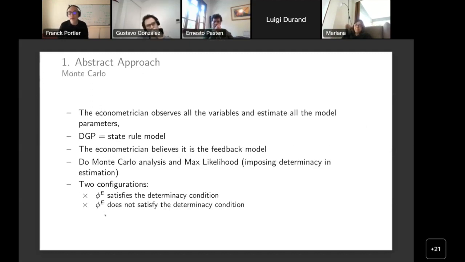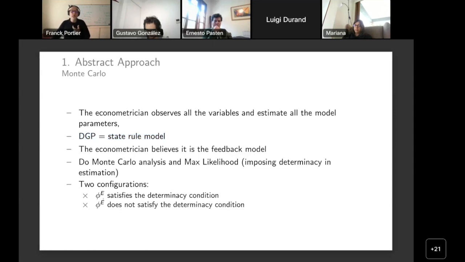Okay, so now let me assume that I'm going to do some simulations. Let me assume now that the economic solution observes all the variables and is estimating everything using maximum likelihood. And so I'm going to do some Monte Carlo. So I will assume that the DGP is the stateful model, and I will estimate everything like 1 million times, in two configurations.